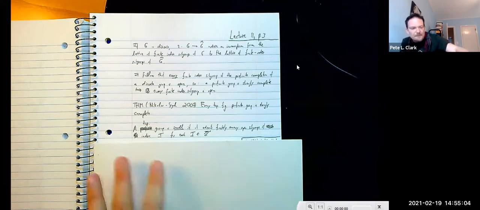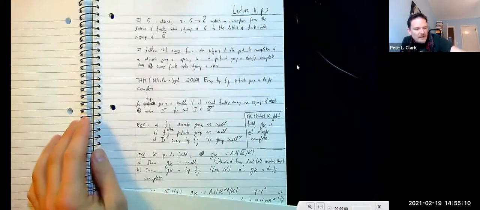And so for instance, I think I made the definition in the exercises. So a field is Galois small if its absolute Galois group is small. And so for instance, the rational numbers are definitely not Galois small because there are infinitely many quadratic extensions of the rational numbers. Okay, so let me just end with some exercises here.